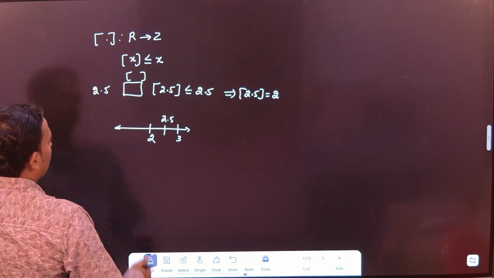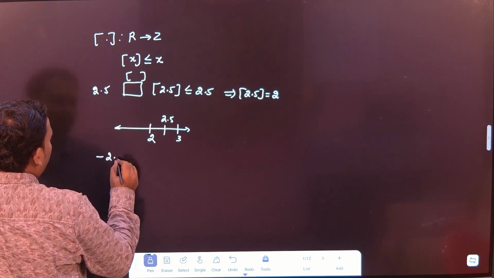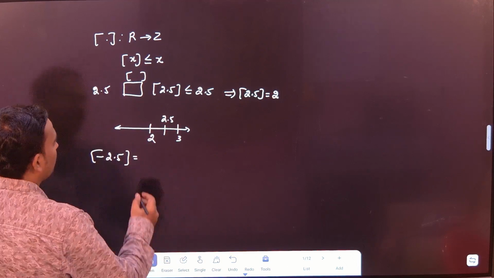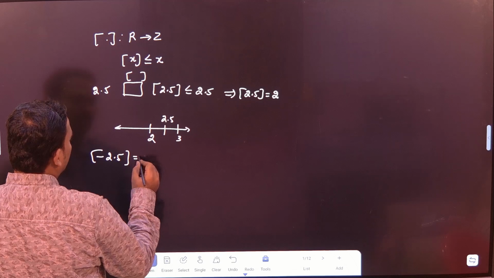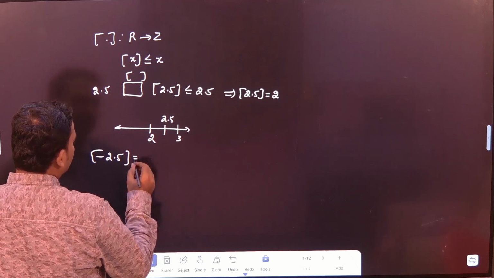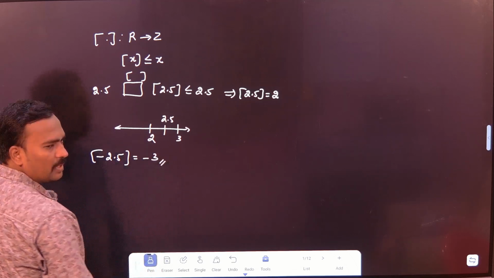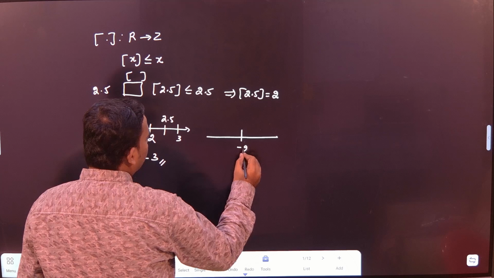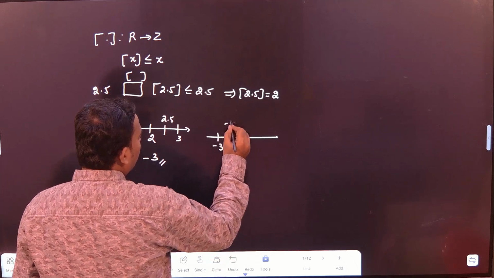Okay. Let's take minus 2.5. What is the greatest integer function of minus 2.5? That will be minus 3, right? Why? Because you can see here, this is minus 2, this is minus 3, here is minus 2.5.